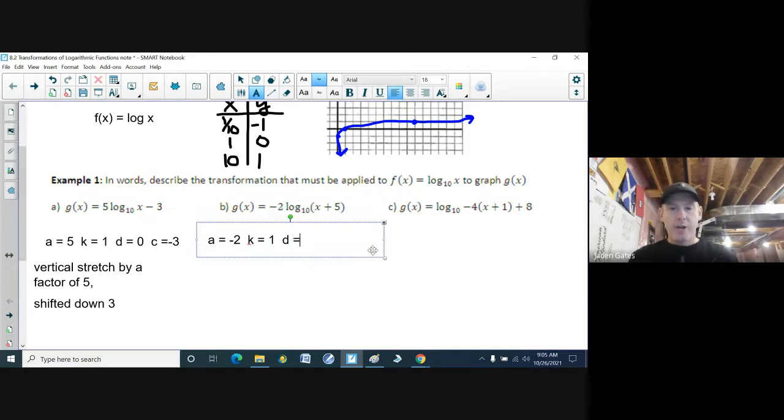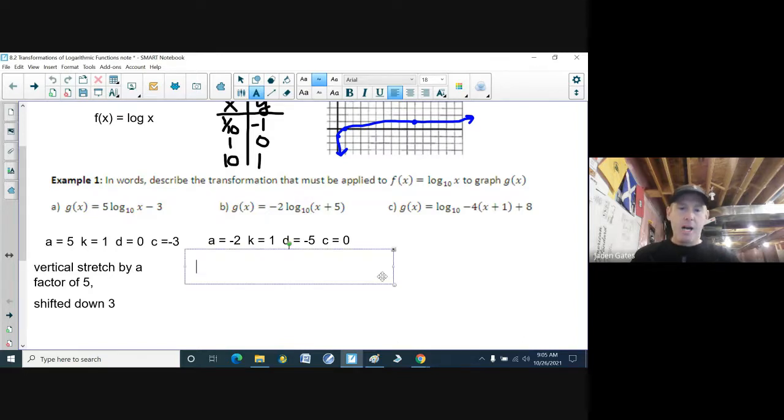For d, there is a value inside. This is a reminder that d always looks the opposite, so it's a -5. And there is no number afterwards, so c is 0. Now, because a is negative, this is, first of all, reflected across the x-axis.